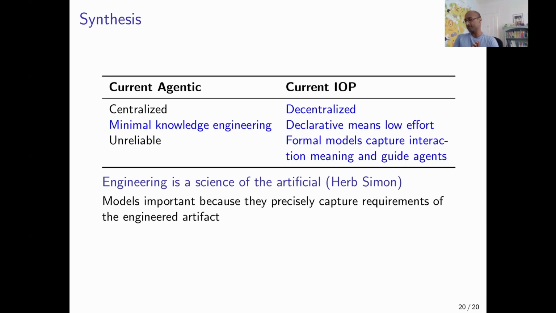I think they're going too far where they want everything generated from prompts. What we should do is exploit models as well, so that we bring some quality to the engineering effort. And this is where IOP can help. And that's my last slide. Thanks for listening.